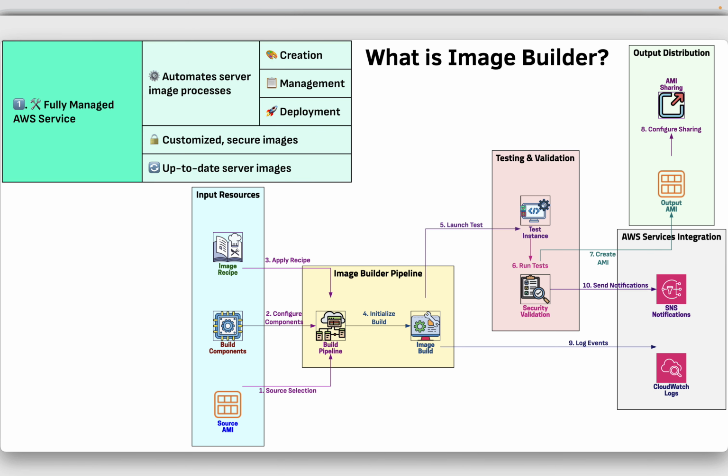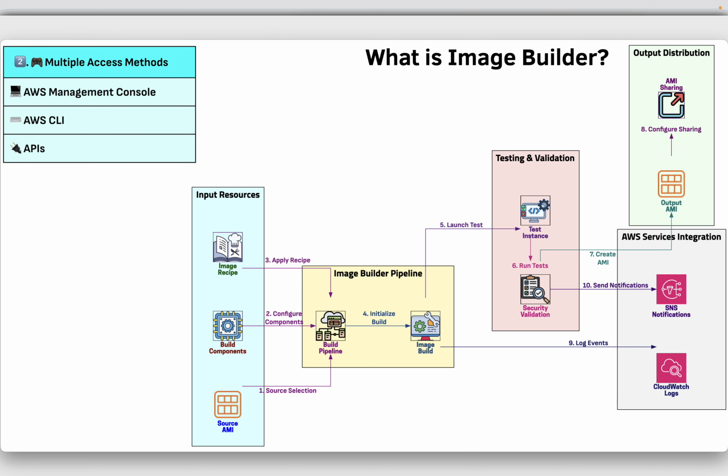EC2 Image Builder is a fully managed AWS service that automates the creation, management and deployment of customized, secure and up-to-date server images, streamlining the entire server image process lifecycle. Users can access Image Builder through multiple interfaces, including the AWS Management Console, AWS Command Line Interface, or APIs to create custom images within their AWS account.